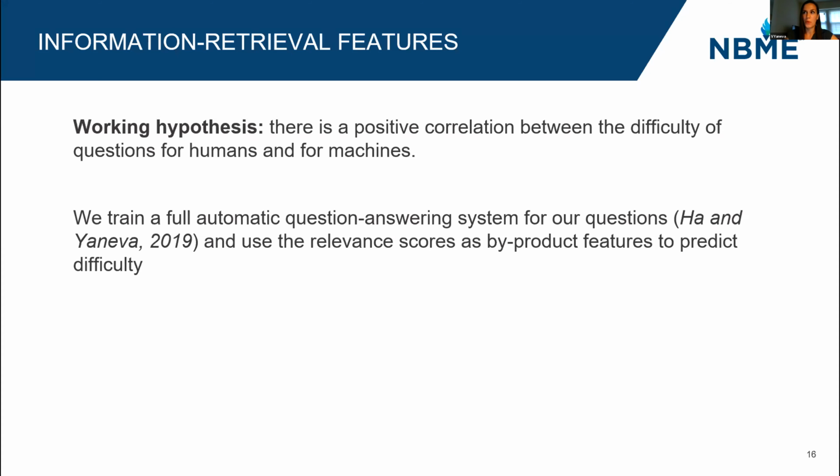However, we thought that we could use the performance of this system and how confident it is on whether or not it chose the correct answer as predictors for our surviving and non-surviving items. The working hypothesis here is that there may be a positive correlation between the difficulty that machines experience when answering items and the difficulties that humans experience. We don't know if it is the case, but any signal from these types of predictors would be in favor of confirming this.